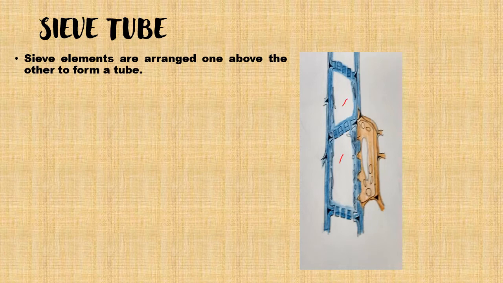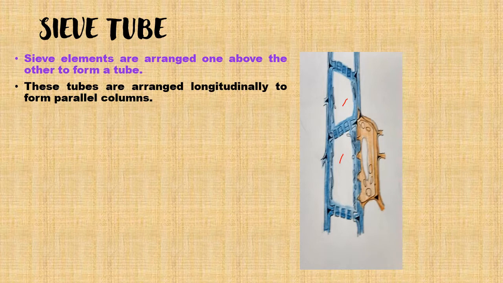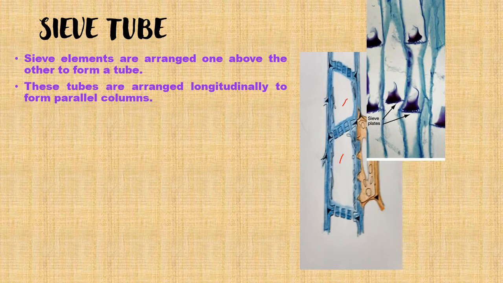This is another sieve tube element, arranged one above the other to form a sieve tube. And these sieve tubes are arranged longitudinally to form parallel columns. This is one sieve tube and this is another sieve tube, arranged parallelly to form columns.